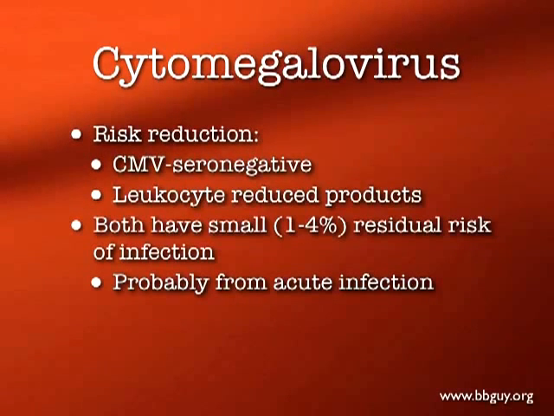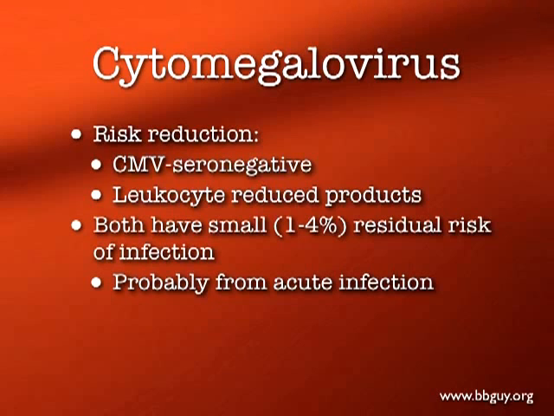In terms of risk reduction, there are basically two strategies that we use for CMV. The first, and the traditional way, was to use CMV seronegative products. In other words, we tested our donors for the presence of an antibody against CMV. If they were negative, then they were called CMV seronegative, and their blood was given to at-risk recipients.